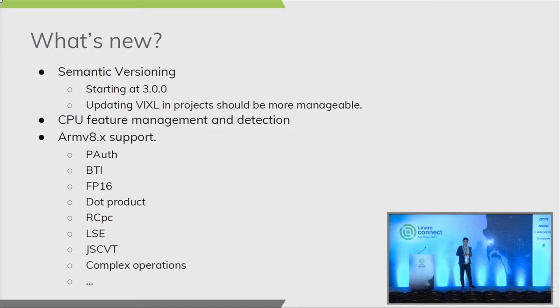So if users want to get new features from VIXL without breaking their code, I think getting the minor version release is a good choice, or users can get the most advantage in each major release. We also implement CPU feature management and detection, and release part of the V8 extension we have done. I will go through it very briefly in the following slides.